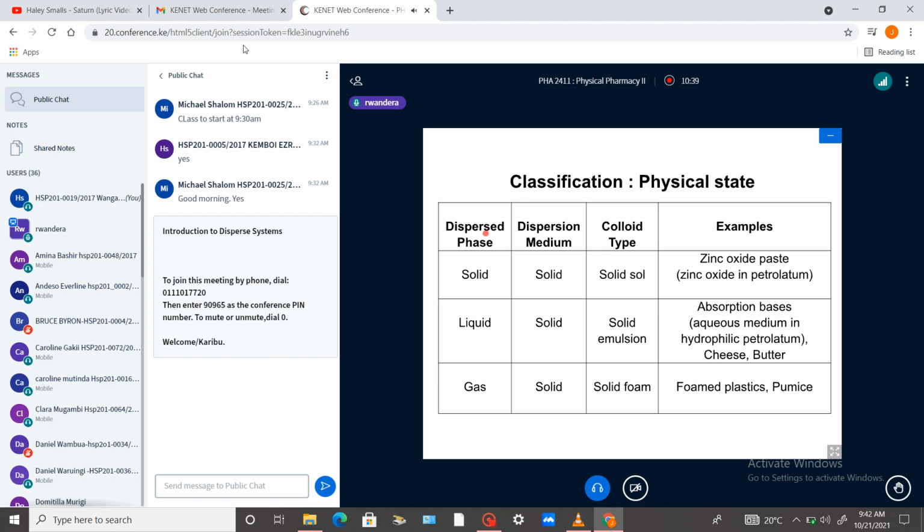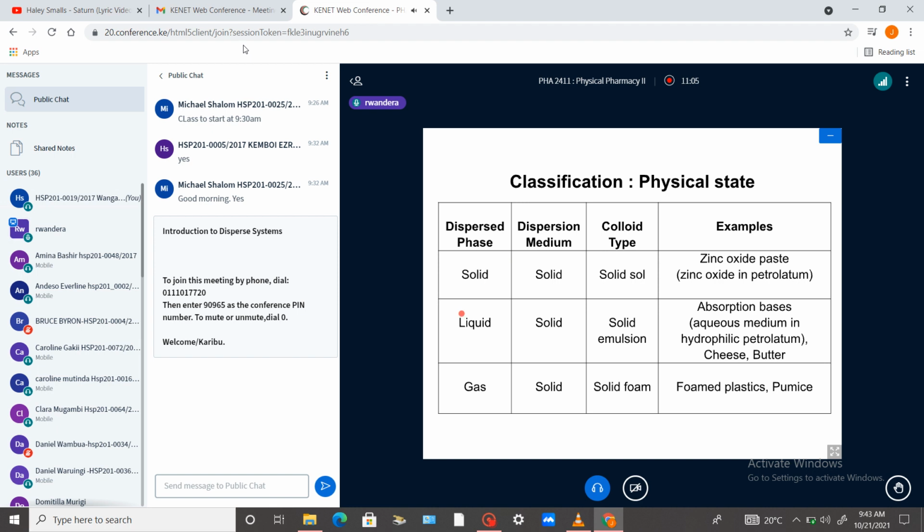If you have the dispersed phase as a solid and the dispersion medium as a solid, so this is a solid dispersed in a solid, it will form a solid sol. And a good example is zinc oxide paste. Zinc oxide dispersed in petrolatum.